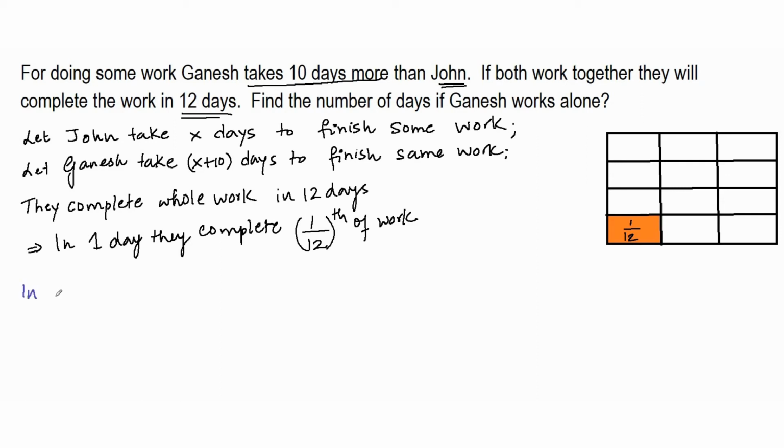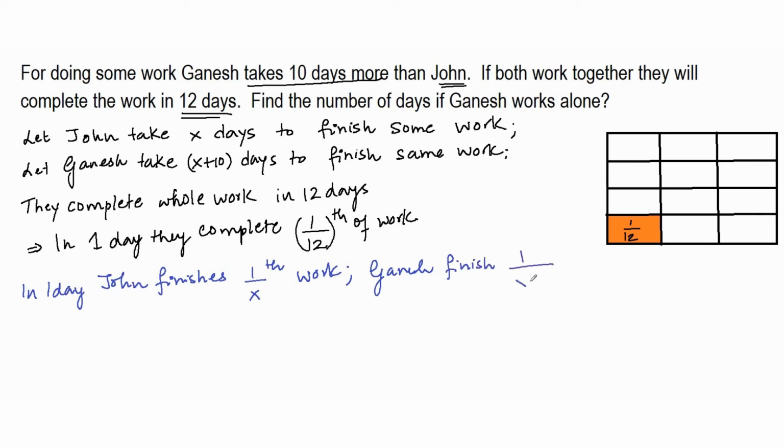That means in one day John finishes 1/x of the work, and Ganesh will finish 1/(x plus 10) of the work, because Ganesh completes the whole work in x plus 10 days. So in one day he finishes 1/(x plus 10)th of the work.